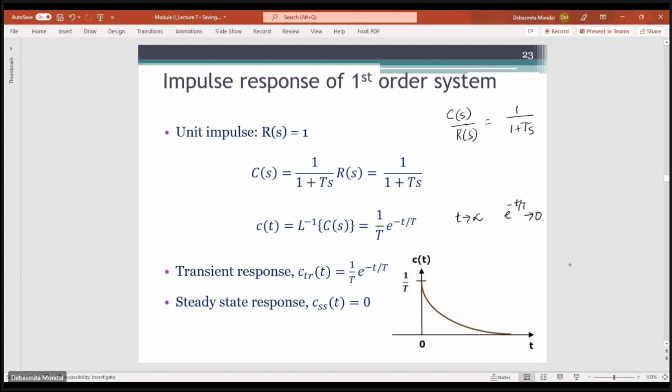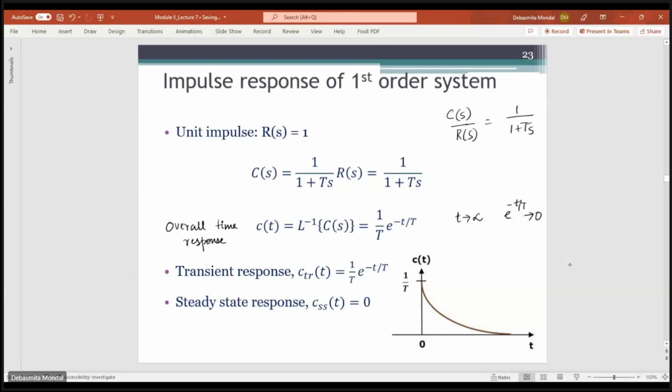So this is the overall time response of the system towards an impulse input.